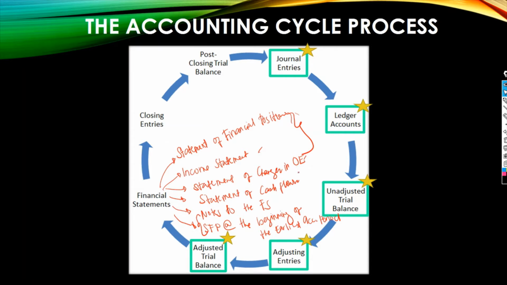For the statement of cash flows, we will just have a quick overview of what a statement of cash flows is. But as to preparation, we will go into details with the first three: balance sheet, income statement, and statement of changes in owner's equity.